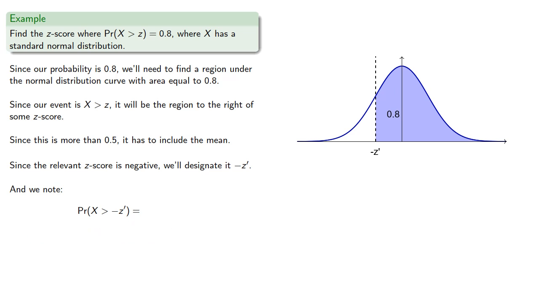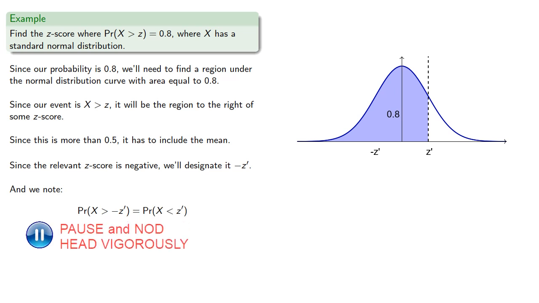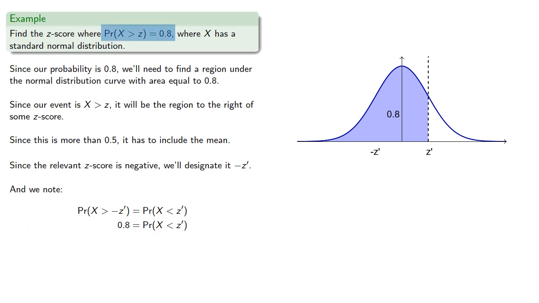But by symmetry, that's the same as the probability that x is less than the positive z prime. And we know the probability we want. And so now we have something we could look up on the table because this is a probability that's less than some amount.